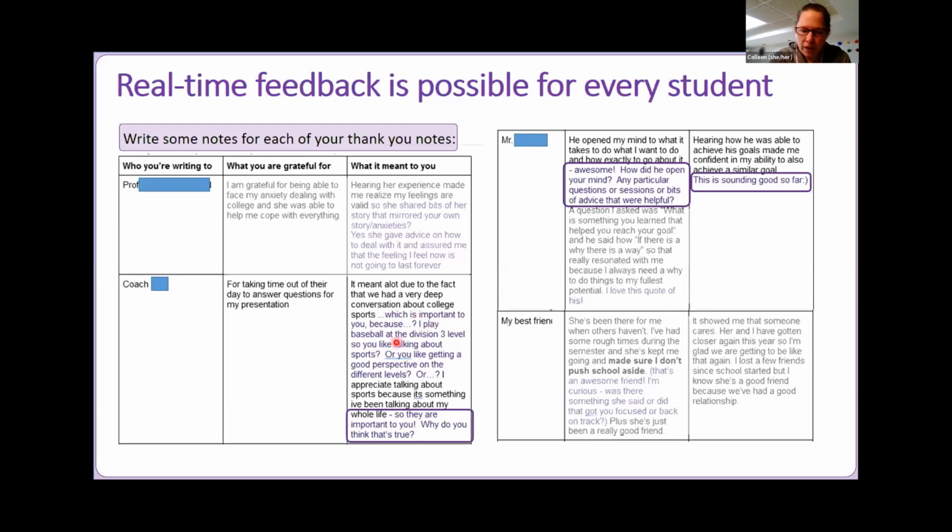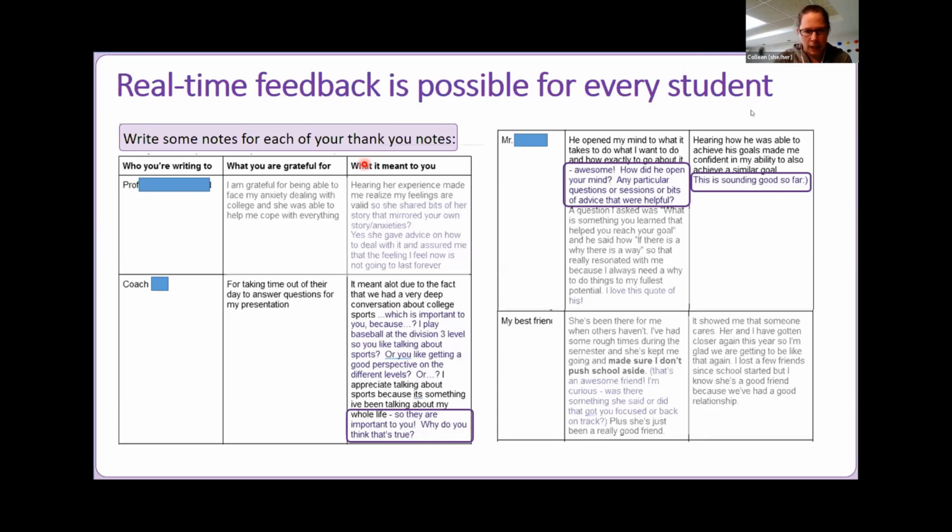Or, what are you thinking about? Why do you think that it is so important to you? Over here, giving some encouragement, or asking for a little bit more detail, so that each student, instead of maybe a couple of students in the class having a chance to share and have this conversation, each student can benefit from that in real time.